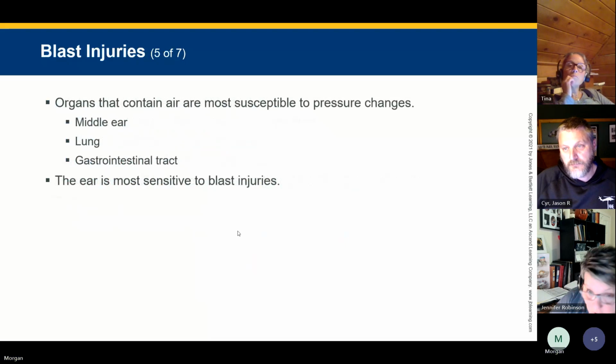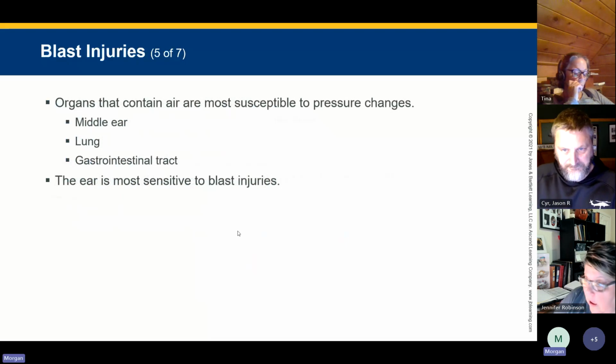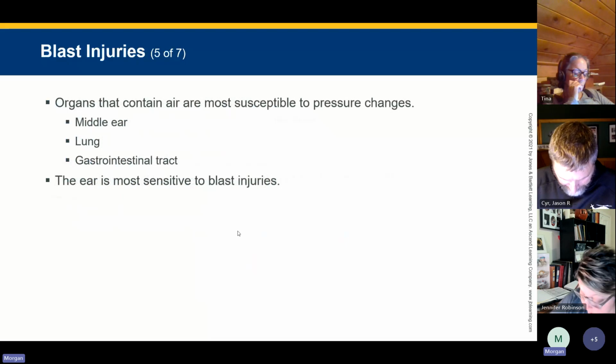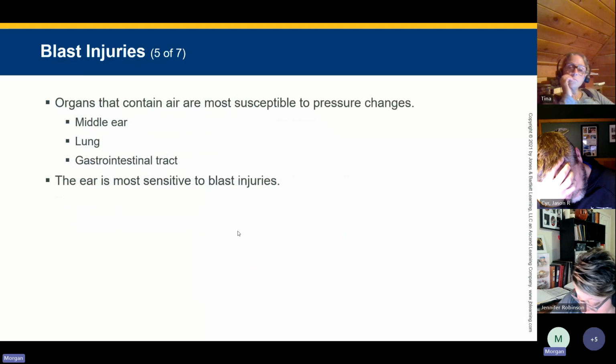So the middle ear is most susceptible. That's where you get the ringing, dizziness, and stuff like that. Lungs, which are a hollow organ, and some of the gastrointestinal tract, which are also hollow organs, because of that pressure wave.